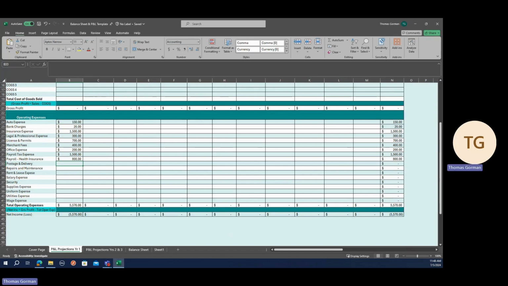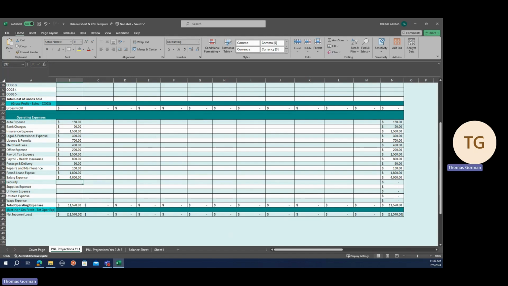So next up, we've got postage and delivery. We'll say we'll spend $50 a month. Repairs and maintenance. What do we have for repairs and maintenance? We've got $150 a month. Rent and lease, we're looking at $1,800 a month. Salary expense, we're looking at $4,000 a month.